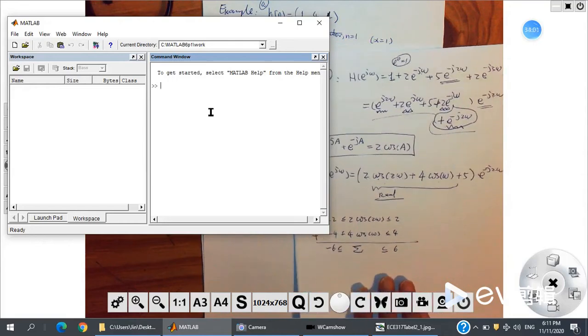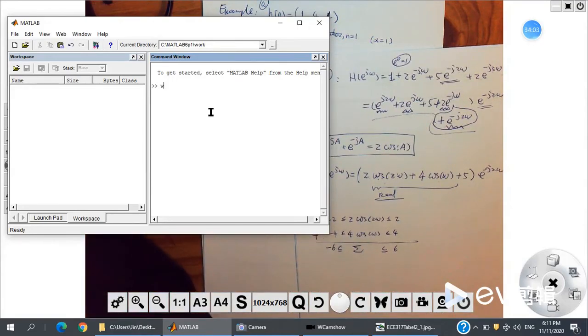I try the omega. Let omega run from, actually, we only need omega to run from 0 to pi, right? 0 to pi with step 0.01. We only need this part, and then that is HR, right? That is HR. I use the same notation.